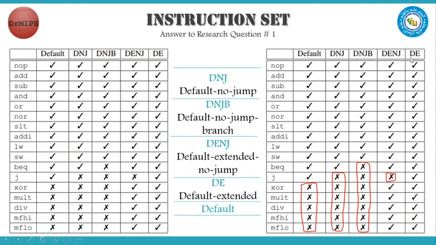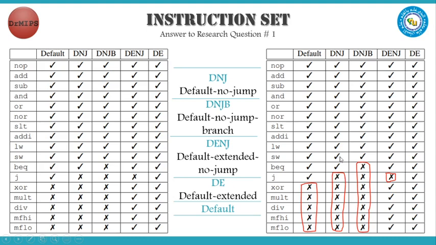The basic difference between default extended and default is that default extended supports XOR, multiply, divide, move from high and move from low instructions, but the default instruction set of the Dr. MIPS simulator does not support them. If we have default no jump instruction set, it has an additional jump instruction that is not supported.